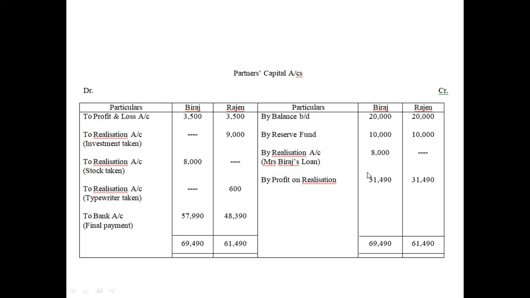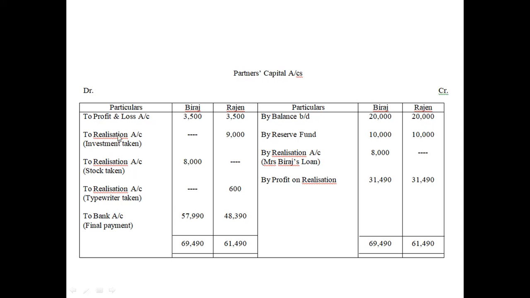So after that, there is a profit on realization. So put the amounts here. And now let us move on to the debit side. In the debit side, this profit and loss account, which was appearing in the asset column of your balance sheet of rupees 7,000, will be debited to partners capital account equally.